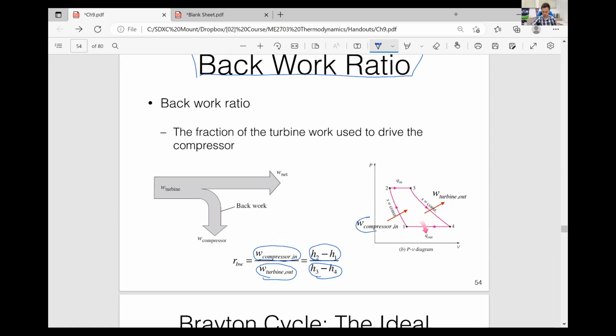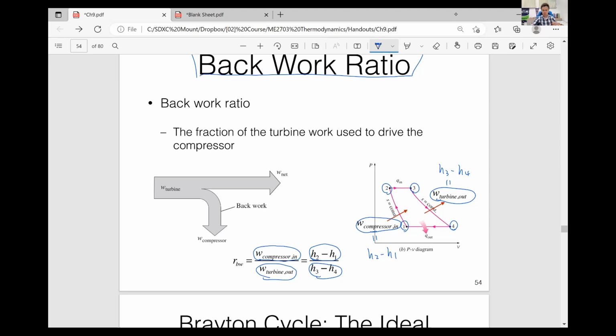So compressor work in is H2 minus H1, from 1 to 2, and turbine work out is 3 to 4, so this is H3 minus H4. That way you make sure the work input and work output are positive quantities.